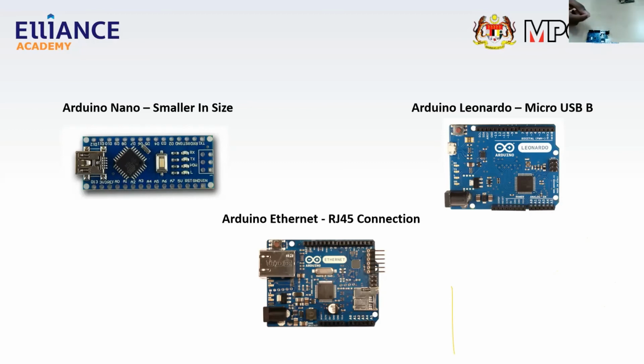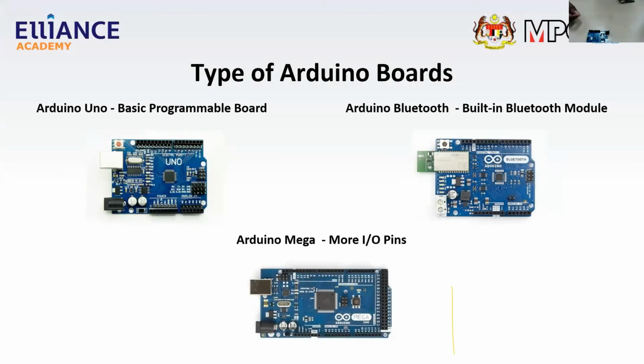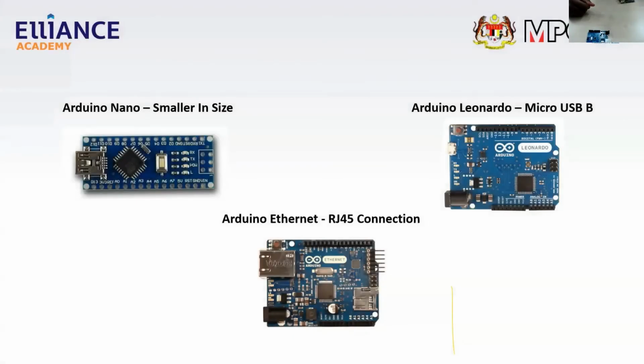So let me go again. First, we have the basic board, which is the Arduino Uno, and then we have the Bluetooth, which has a built-in module, and then the Arduino Mega, with more I/O pins, the Arduino Nano, smaller in size, and the Arduino Leonardo, where the USB uses micro USB B. As you can see, it's almost similar to the Uno here.